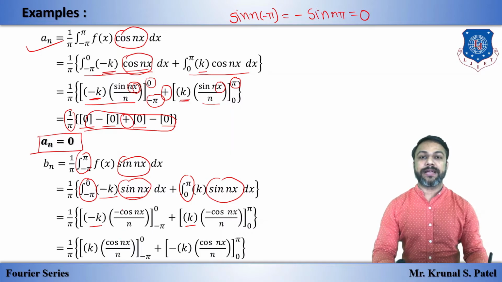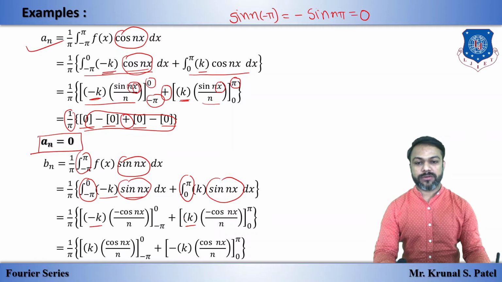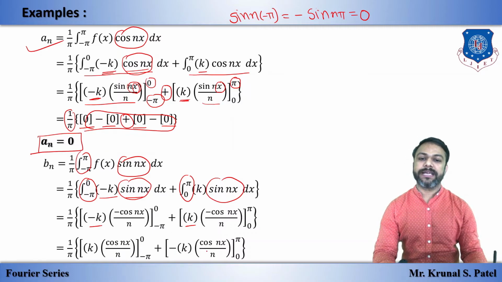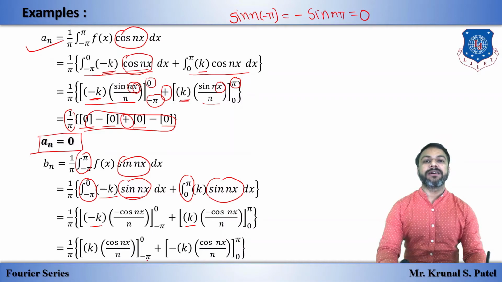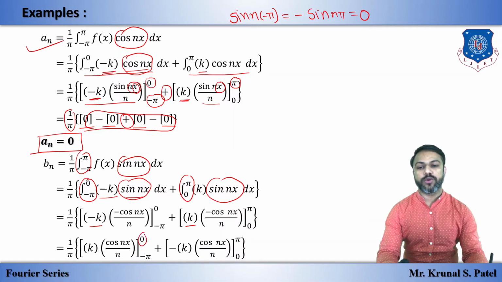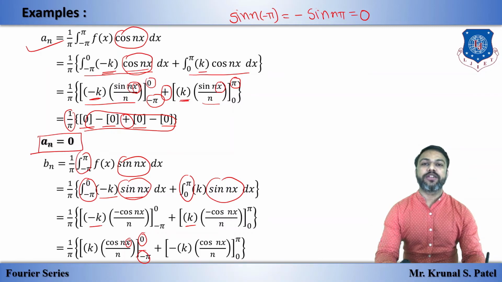Now as I told, minus minus is just plus, and this minus comes out from this k, not from this box. So minus k into this. Now upper limit minus lower limit: if we put 0 here, cos 0 is 1. If we put minus pi, cos n into minus pi is cos n pi, and what is the value of cos n pi?